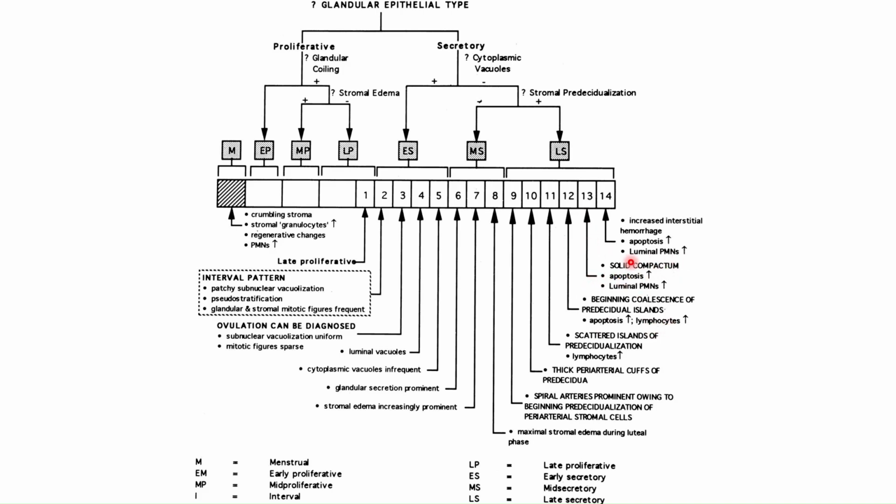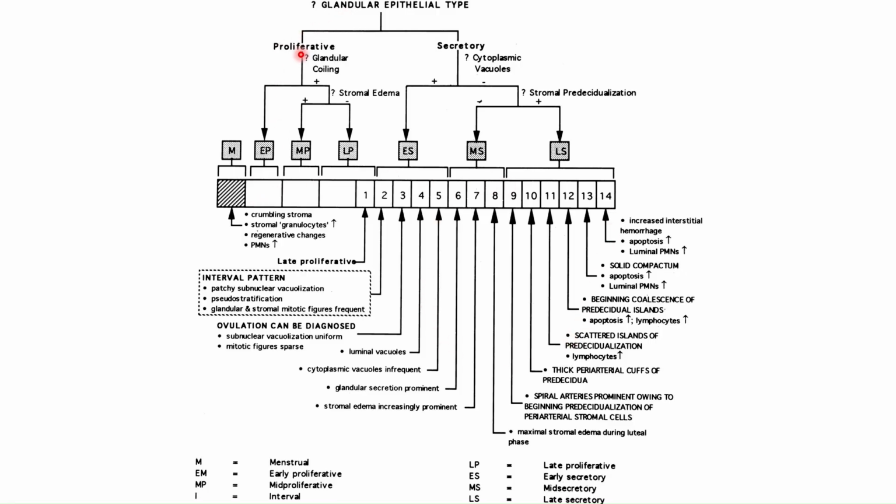Day 13, solid compactum formation, which is the layer beneath the surface epithelium of the endometrium, and there is luminal polymorphonuclear cells. Day 14, there is interstitial hemorrhage, apoptosis, luminal polymorph cells. So this is how you can identify secretory phase.